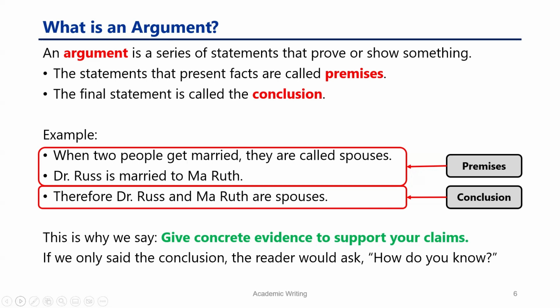Maybe they're brother and sister. Maybe they've never even met and don't even know each other. But when we put them in the form of an argument, which includes the premises and a conclusion, then as the reader, we have no doubt about what the writer is trying to say or where they're going in their thinking.